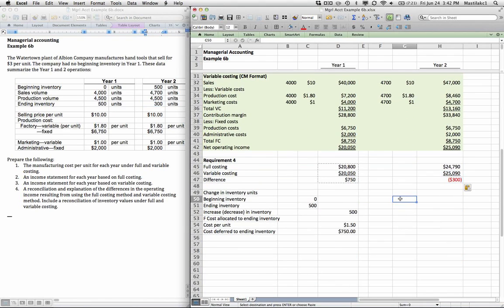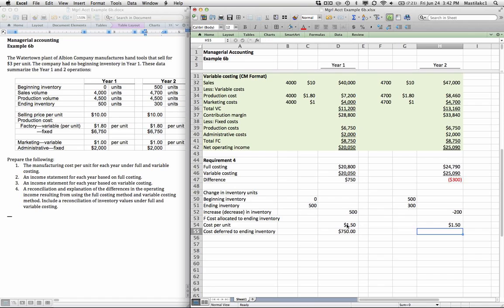So what happened? In the beginning of the year, we had 500 units of inventory. We ended the year with only 300 units of ending inventory. So our change in inventory levels was a 200 unit decrease.